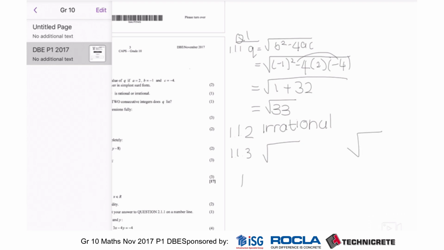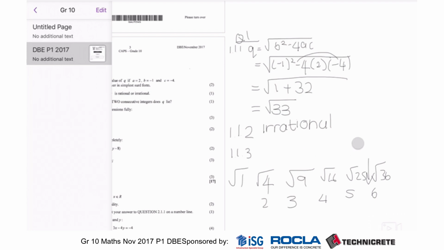We've got root of 1, then root of 4, which would give me 2. The next one would be 3, which would be root of 9, 4, which would be root of 16, 5, which would be root of 25, and 6, which would be root of 36. So 33 falls between root of 25 and root of 36. So the answer will be between 5 and 6.